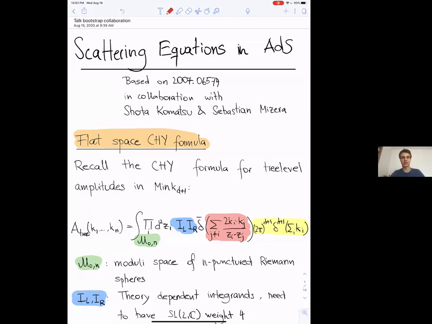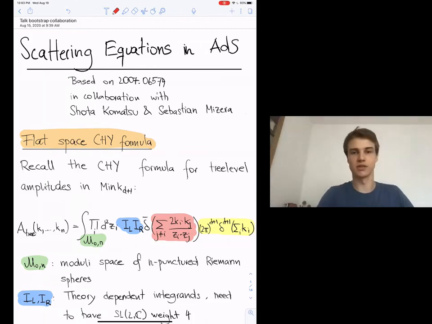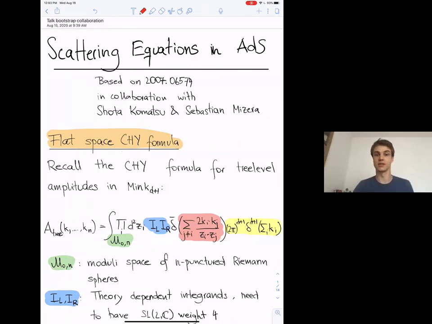And to start with, I would like to review some features of the flat space version of the CHY formula. In general, that formula rewrites tree-level amplitudes of certain theories as a moduli space integral over the moduli space of Riemann spheres with n punctures.